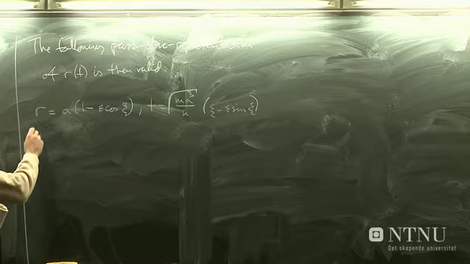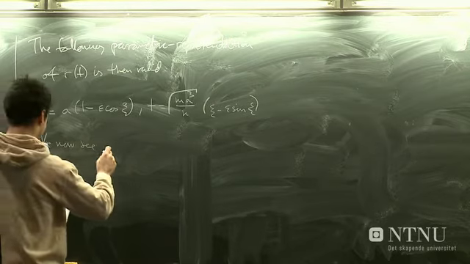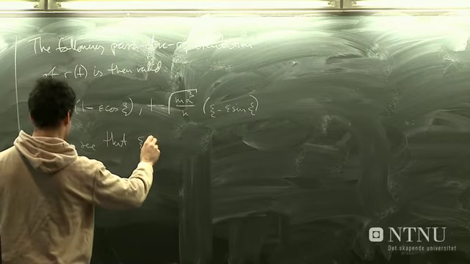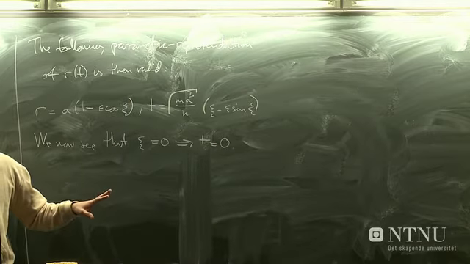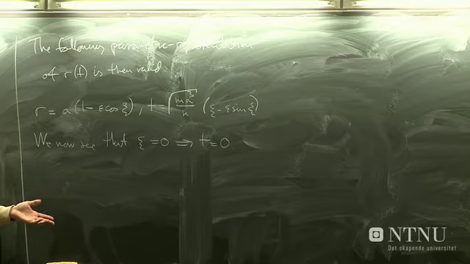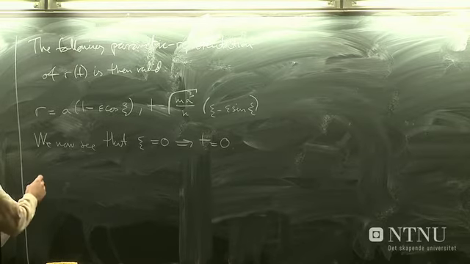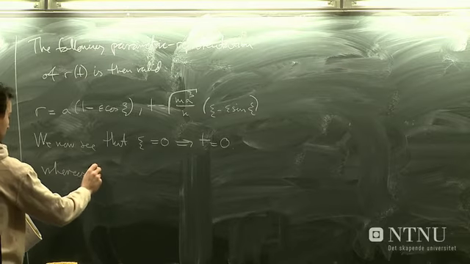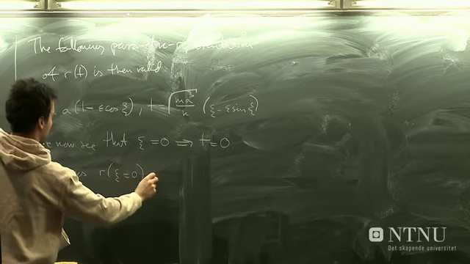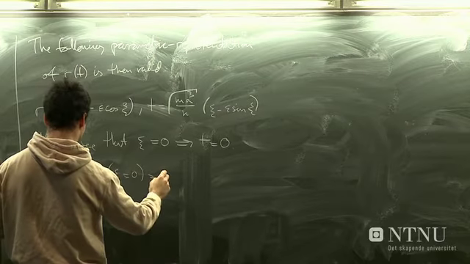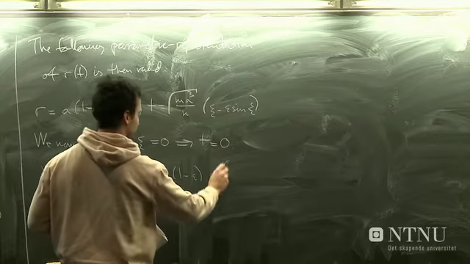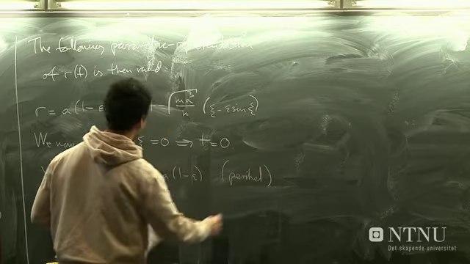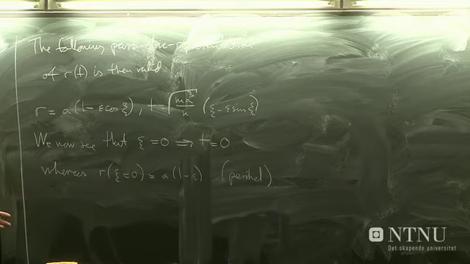So by choosing the initial conditions in such a way that this constant is 0, we now see that psi equals 0 corresponds to 0 time, so sort of the original time for our system. Whereas the position vector for psi equals 0 is the perihelion.